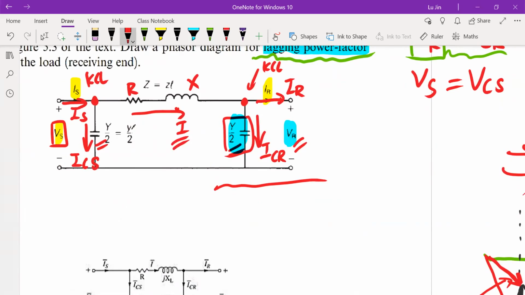When the current I flows through the resistance of this medium-sized transmission line, the resistor is not able to change the angle of the AC current or AC voltage.